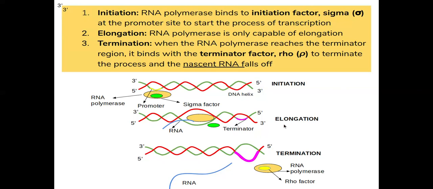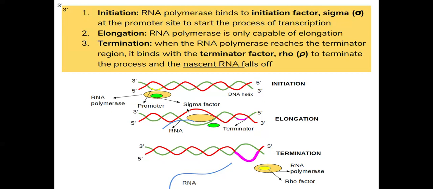The second step is elongation, shown here, and as you can see, it does not require any help. It is capable of doing elongation on its own. It will start initiation and elongate the newly synthesized RNA strand that is forming, all on its own, by adding the RNA nucleotides.